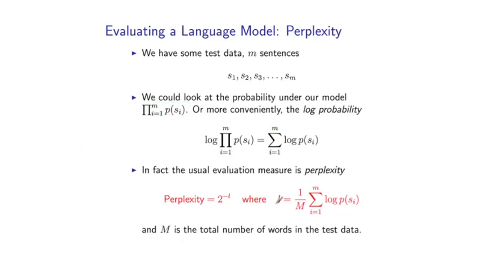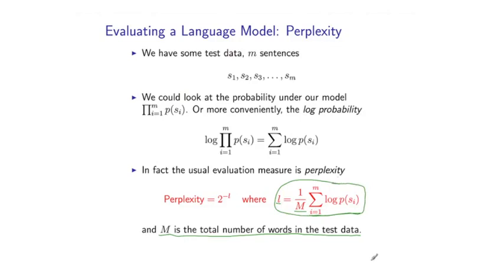First I'm going to define this value L, and this is just dividing this log probability by capital M, where M is the total number of words in the test data. So this can now be interpreted as the average log probability word by word in my test data.